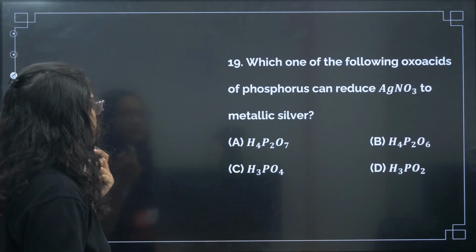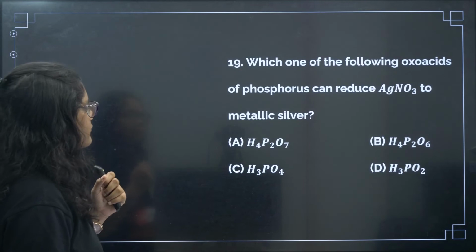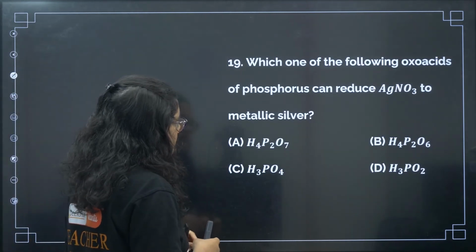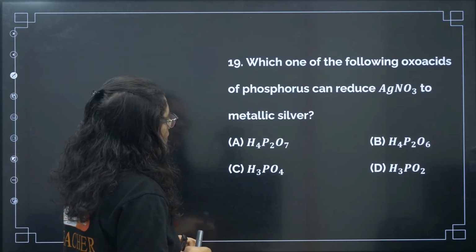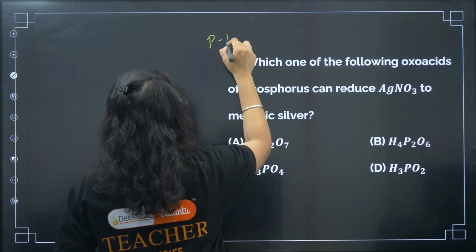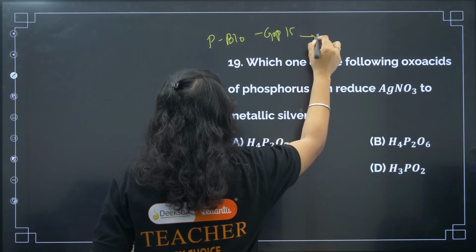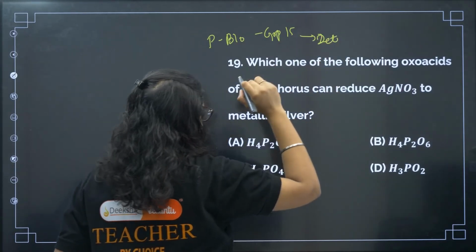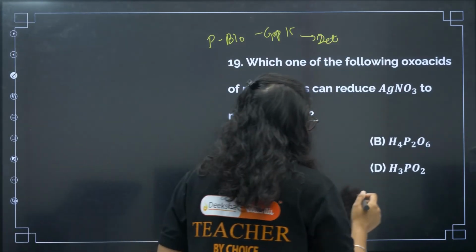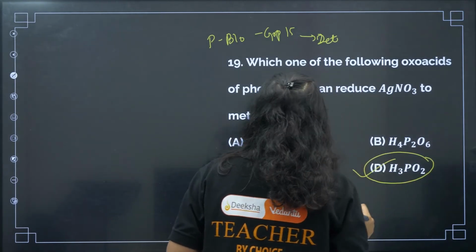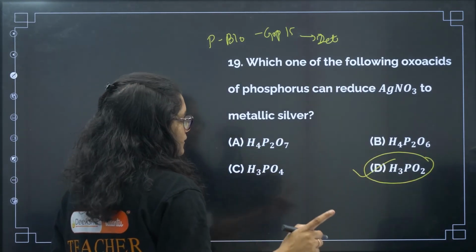Okay, now coming to the 19th question, which one of the following oxo acids of phosphorus can reduce AgNO3 to metallic silver? Again this is from your P block, group 15, but need not worry because it is deleted portion. So here the answer is your H3PO2, because it has one.